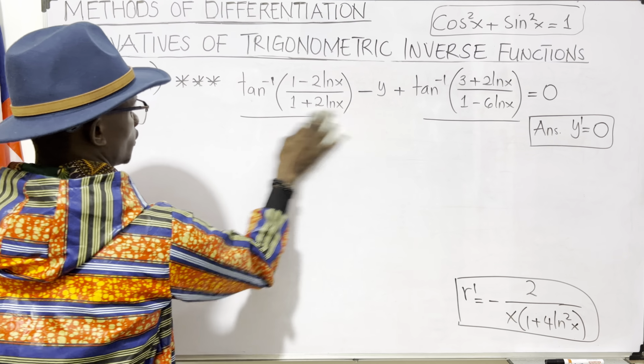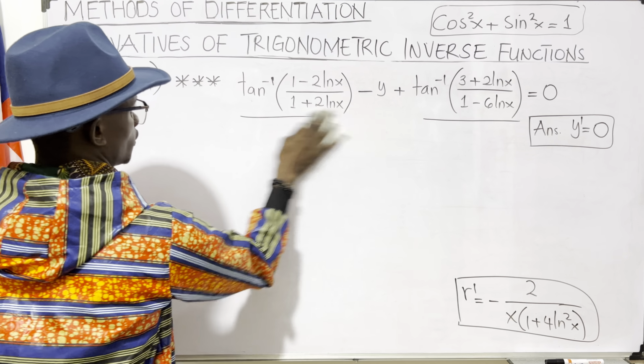So we hold the denominator first using the quotient rule, 1 minus 6 ln of x, and we differentiate the numerator. It just gives us 2 all over x, because the derivative of ln of x is 1 over x. So 1 over x times this. And then minus, we hold the numerator now, 3 plus 2 ln of x, and we differentiate the denominator.